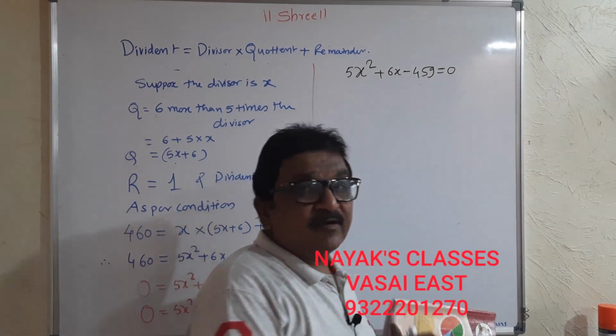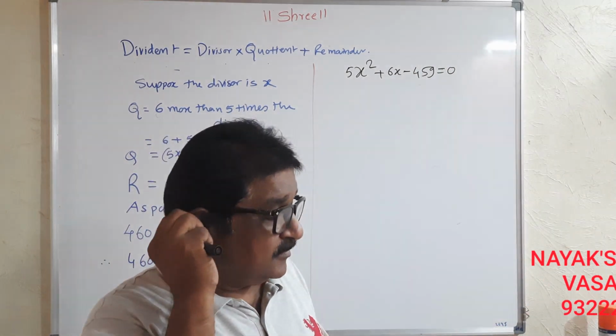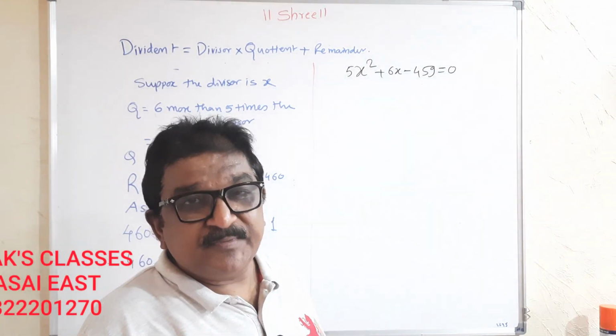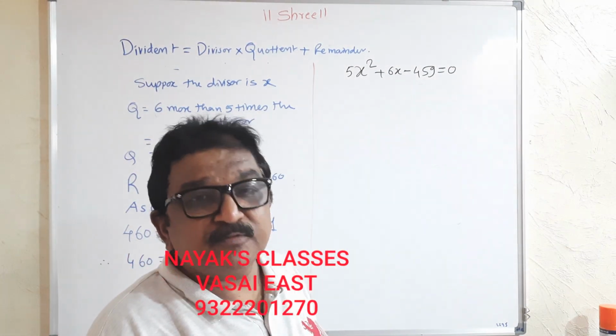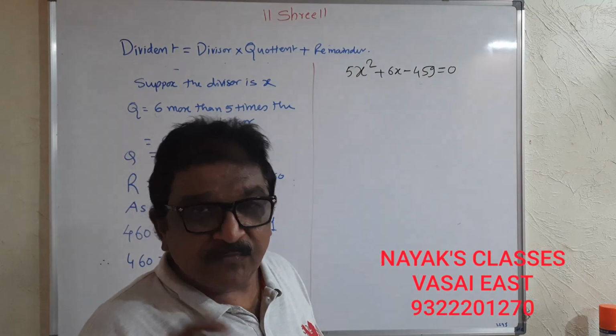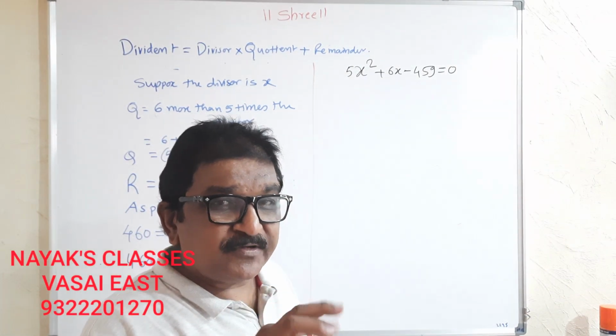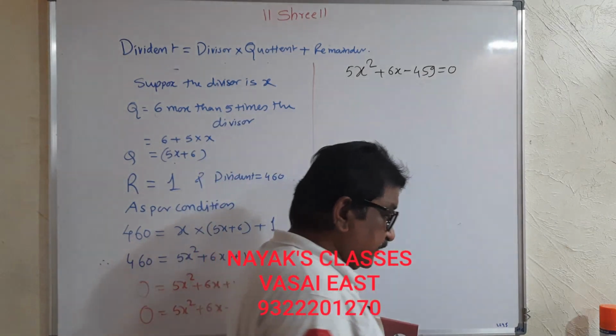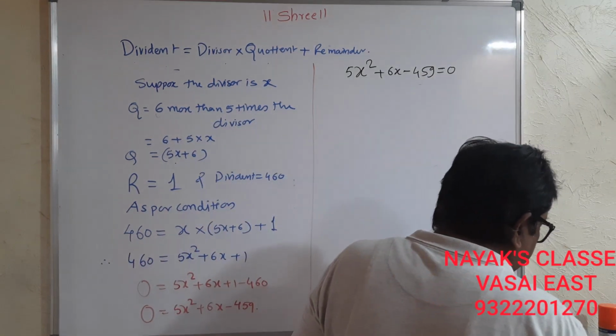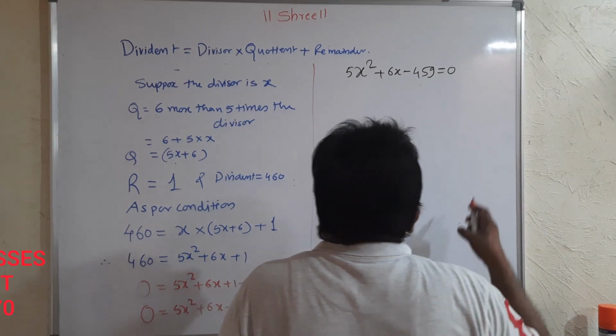The first term has a coefficient. You must be remembering the exercise of splitting the middle term. We have to multiply the first term's coefficient into the last term.